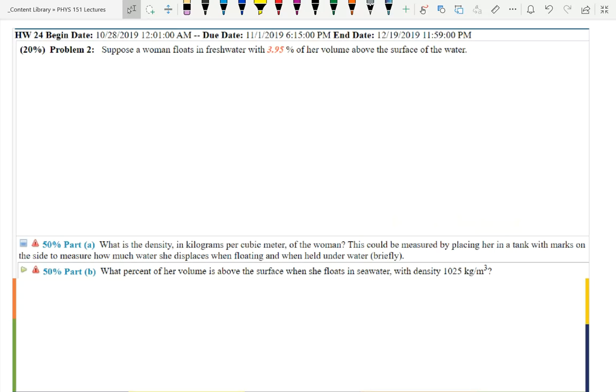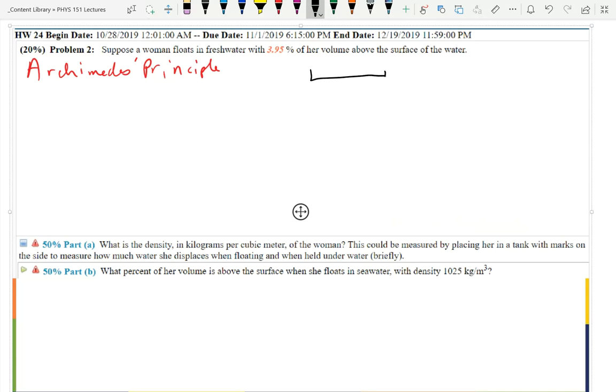Any ideas? Use Archimedes' principle again. Now, I was lazy last time because we did it all in lab. But this time I'm going to draw my diagram like any good student should.